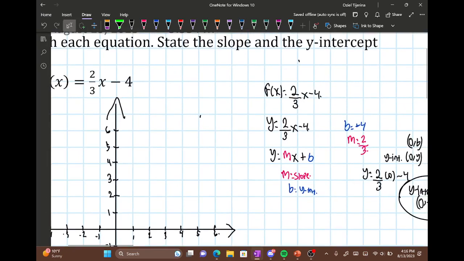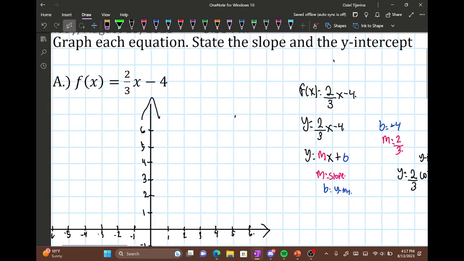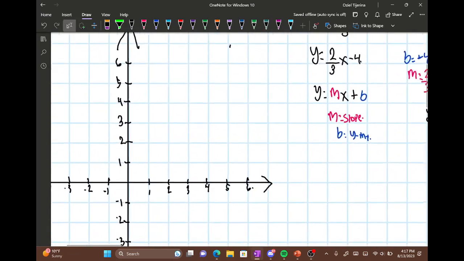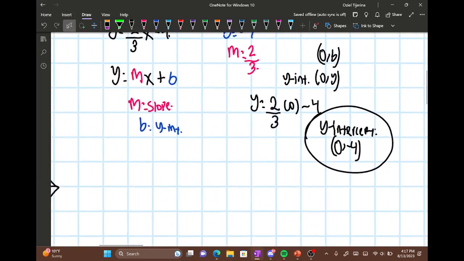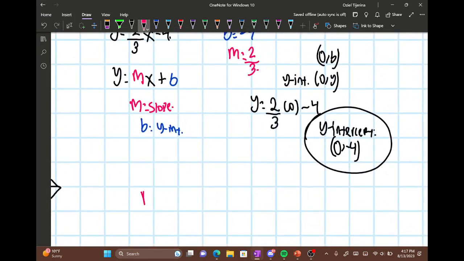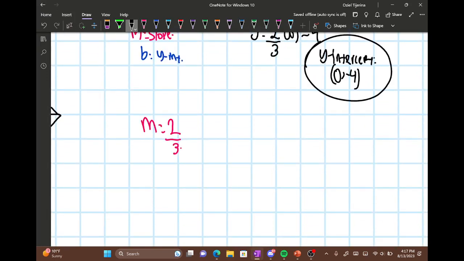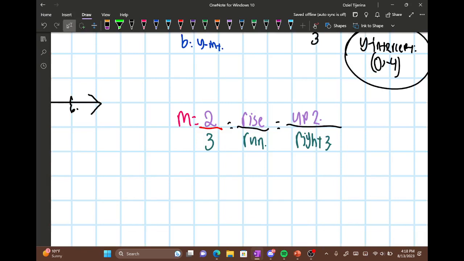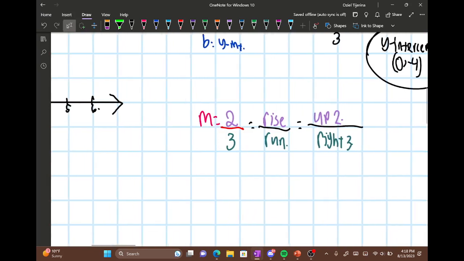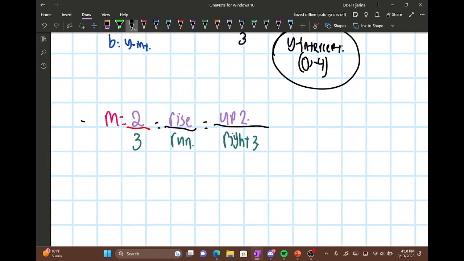Now I know my slope is 2/3, so m is 2/3. This is the formula here, it's really rise over run.